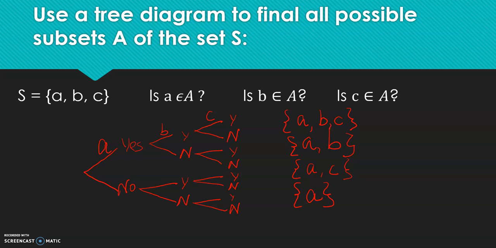Our bottom sets: no to A, yes to B, yes to C. No A, yes B, no C. No A, no B, yes C. No A, no B, no C is the empty set. There are 8 subsets, and we listed them.